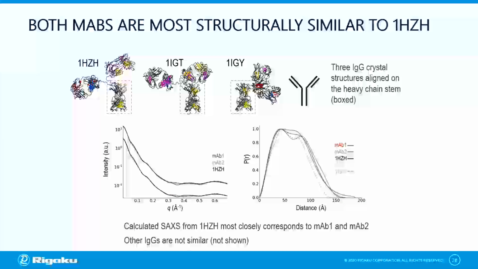So if we do that, then we can take the data and do the indirect Fourier transform and look at the P of R plot that tells us the maximum length scale is 150 to 200. We can calculate some models, and then we can ask questions about how closely they fit known structures for these monoclonal antibodies. So that's something that can clearly be done.